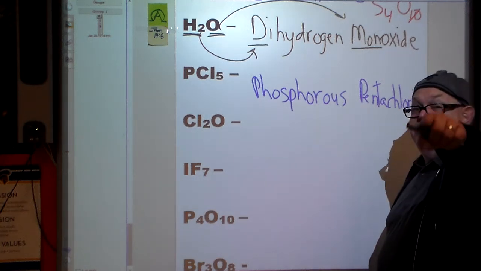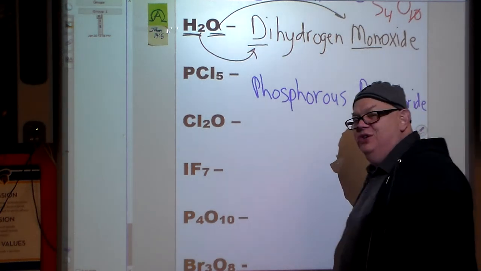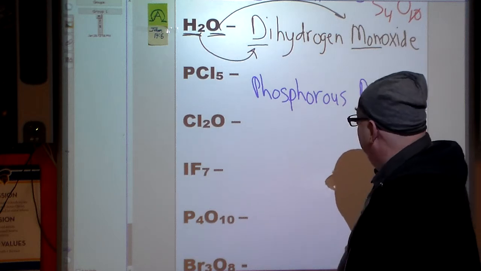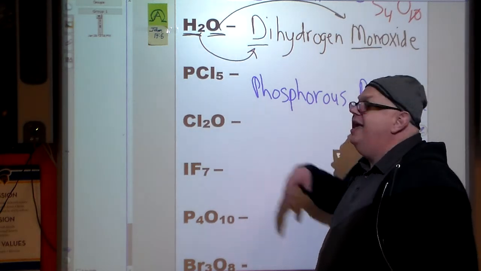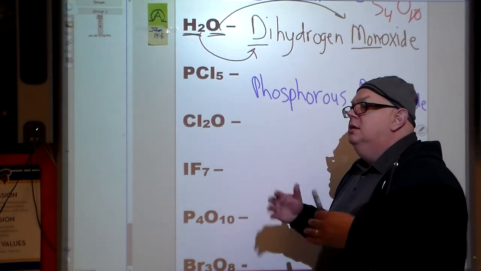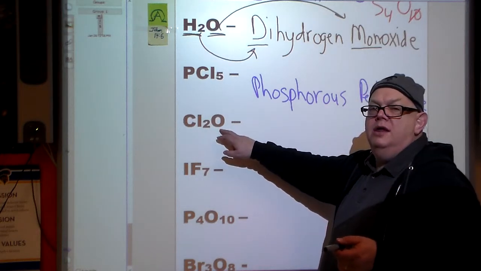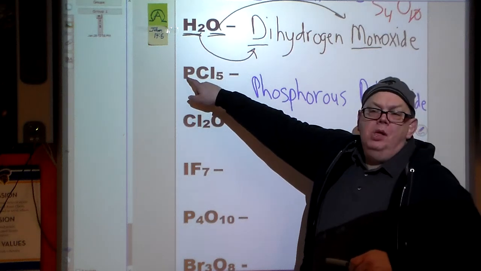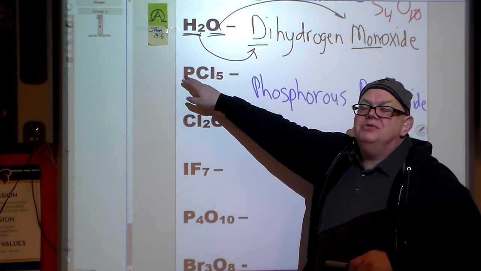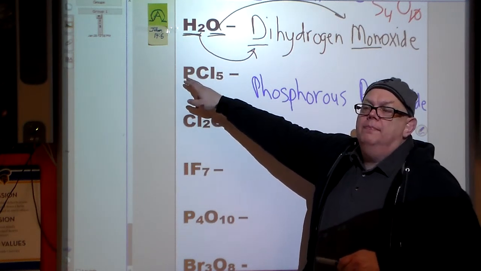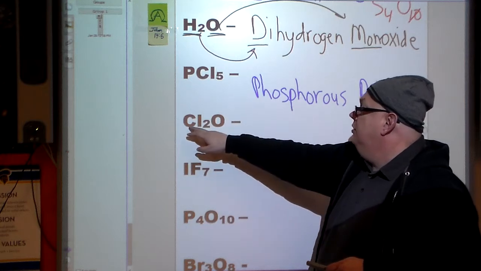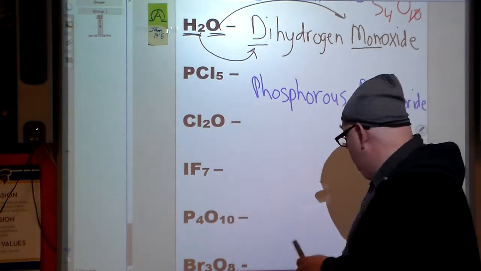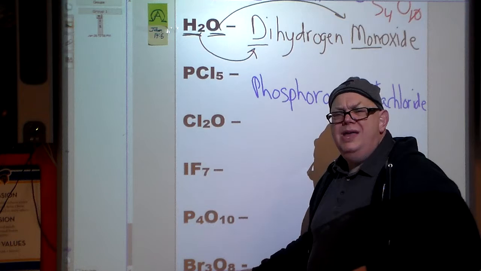Yeah, that's a juicy one, isn't it? Nice one. A guaranteed icebreaker at those high school parties. All right, let's take a look at Cl2O. Now here, do we need to put the mono in front of the oxygen? Yep, we do. But you didn't put the mono in front of the P. Right, because that was the first part of the formula. So this is going to be a dichloro. Wait, dichloro?